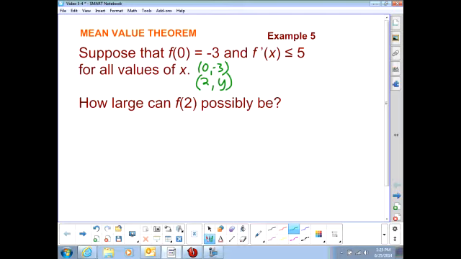We can use the mean value theorem to set this up. We know that change in y, so we're going to start with our y, the f of 2, minus our other y, the -3, over 2 minus 0, needs to equal our derivative.